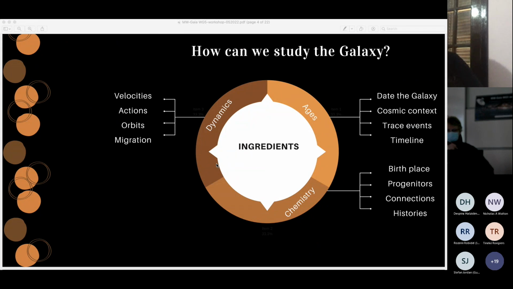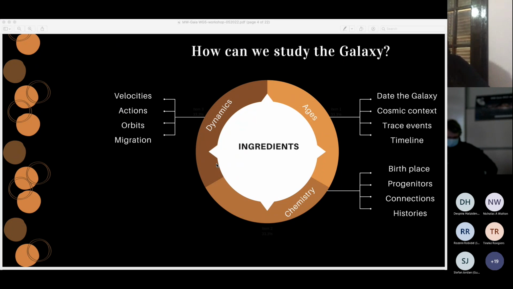The very first ingredient is the dynamics, because with dynamics we can understand the migration of stars, and we can identify stars that have similar motions and therefore might come from the same progenitor. This is something Gaia has been completely fundamental for in the last years.